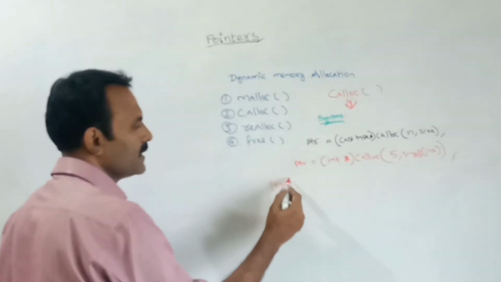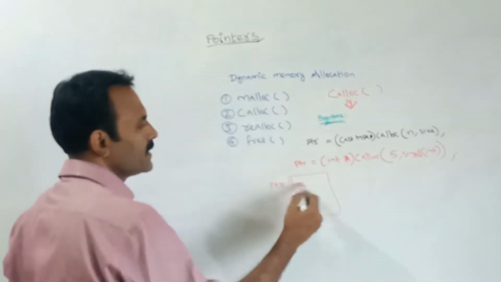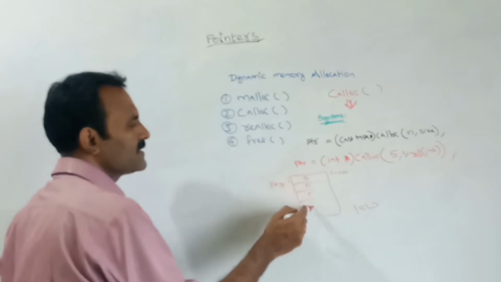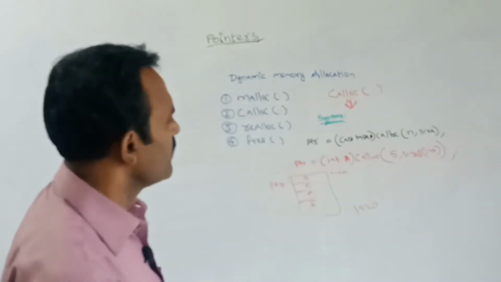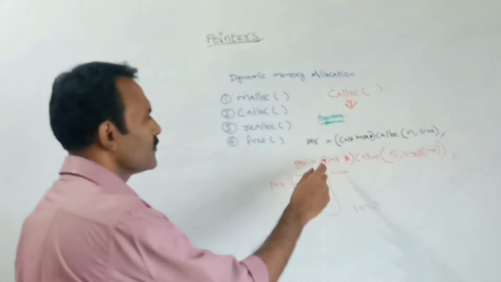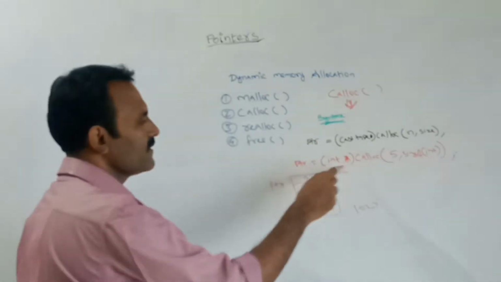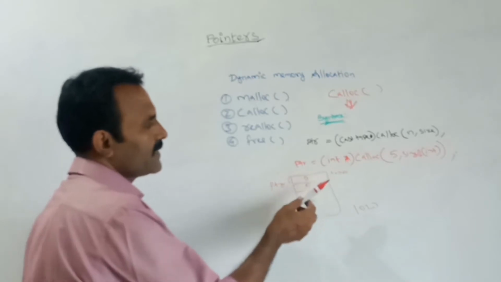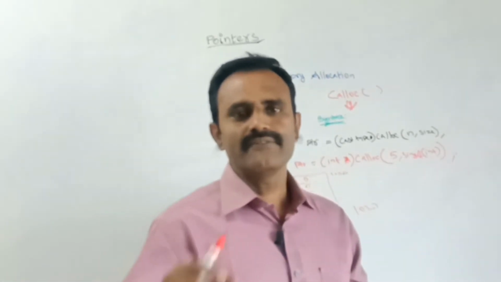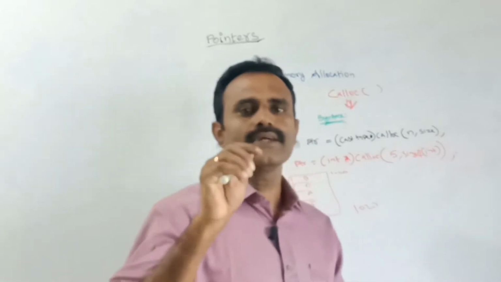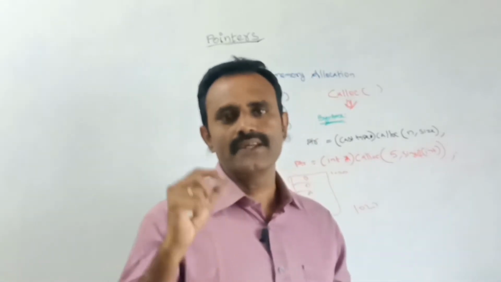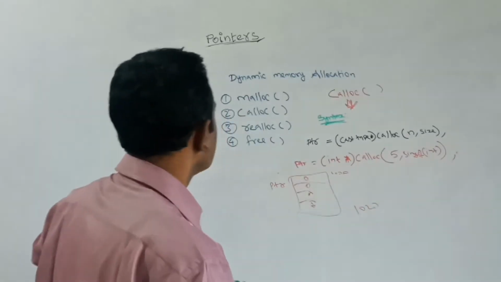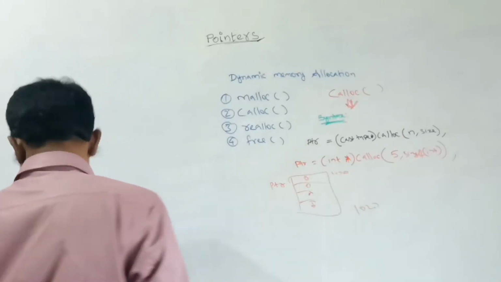In this ptr, a total of 20 bytes, that means 5 elements. Each and every block is initialized with value 0. This is the main thing. If you print this, it will print the initialized value 0 for each location. After allocating the memory for the pointer, each and every block of memory is initialized with the value 0.